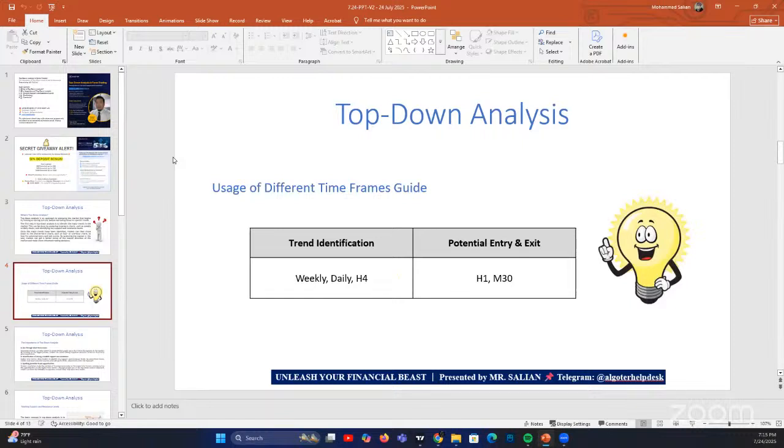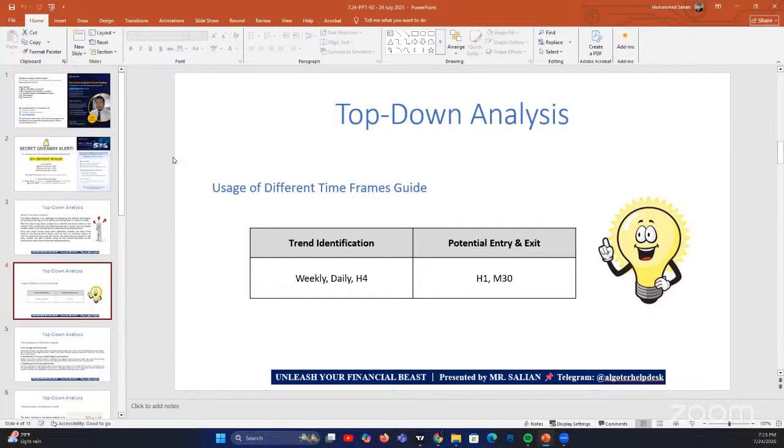So, the usage of the different time frame guide. For trend direction, you will have these 3 higher time frames. Not more on the monthly, monthly is too much. Weekly, daily, and H4. These 3 are very important. At least 2 of these time frames should align.